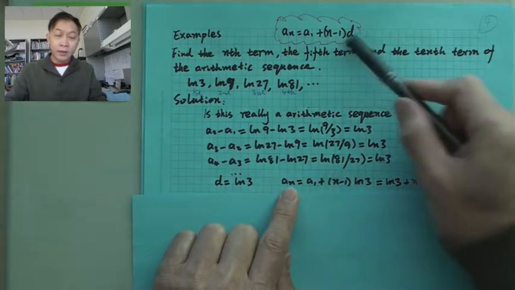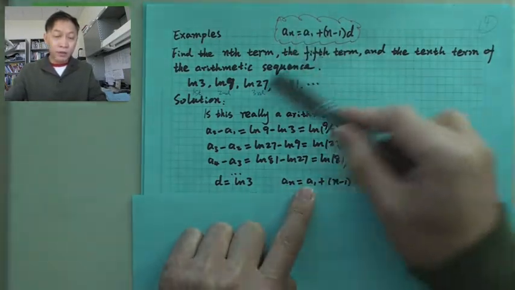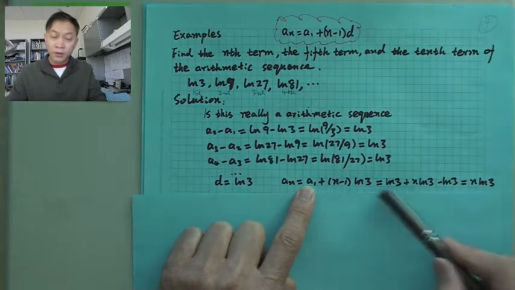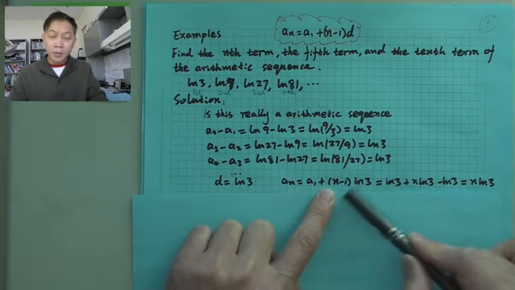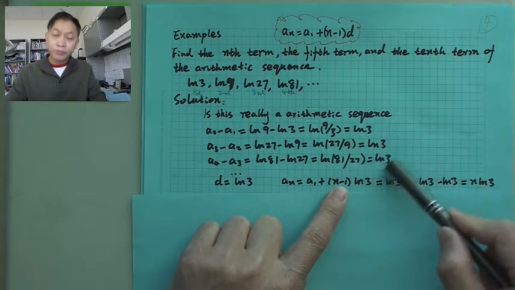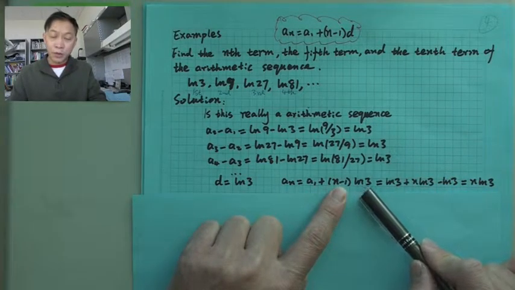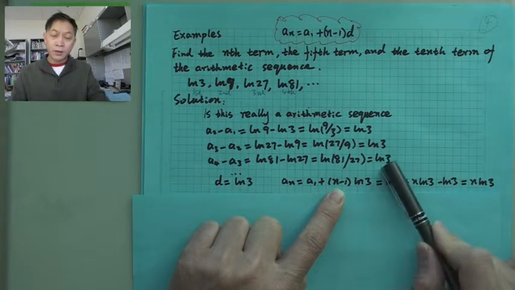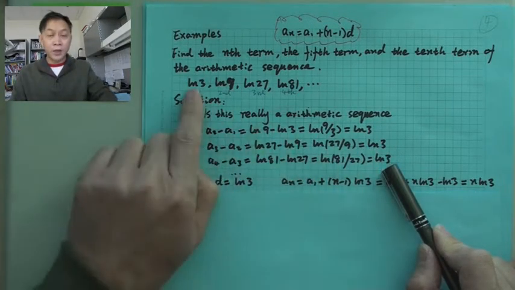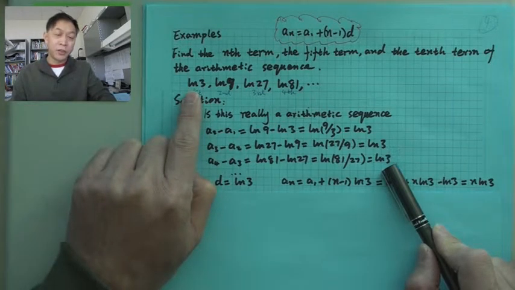And then A sub n is the first term, natural log 3, plus n minus 1 times the difference. The difference is natural log 3.